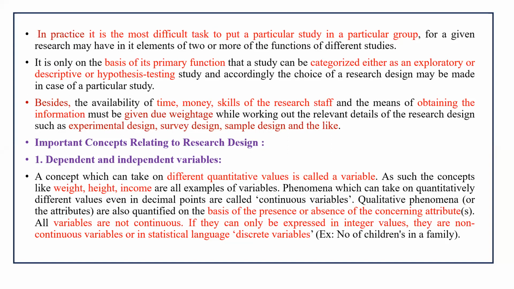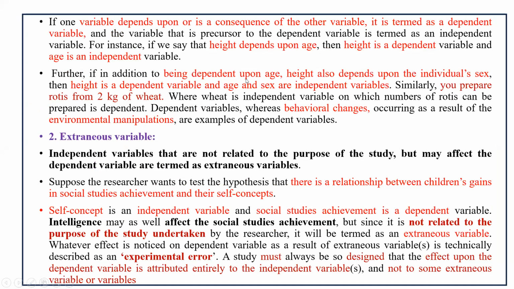These terms you will see continuously whenever you are preparing a research design, or you are trying to study another research design. So we have seen what is a dependent variable, what is an independent variable, what is a continuous variable, and what are discrete variables in the last lecture. We have also seen the examples for the same.